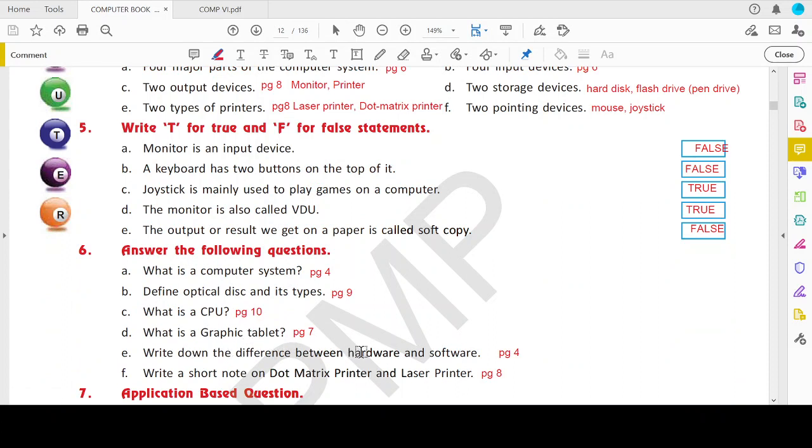Write down the difference between a hardware and the software. Now this one is the easiest one, as you have been learning this from your childhood. See, what is a hardware? You know, hardware is a tangible device.